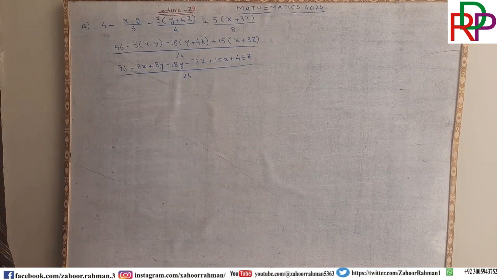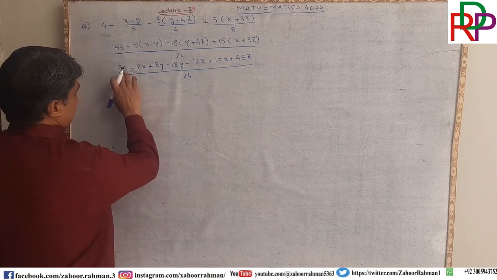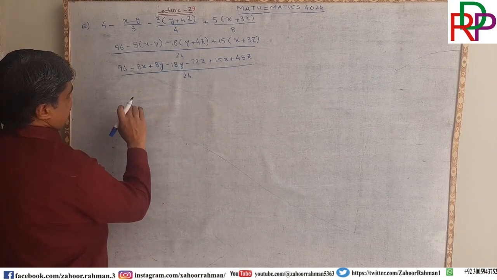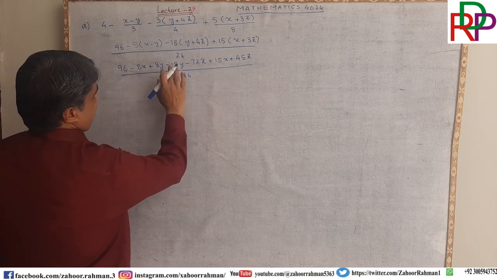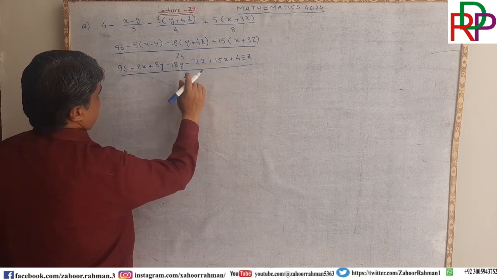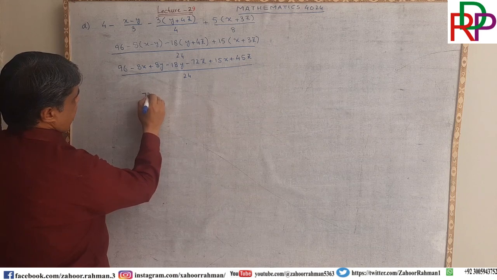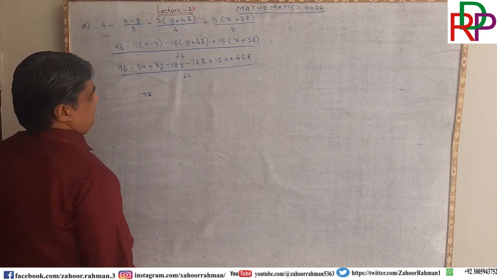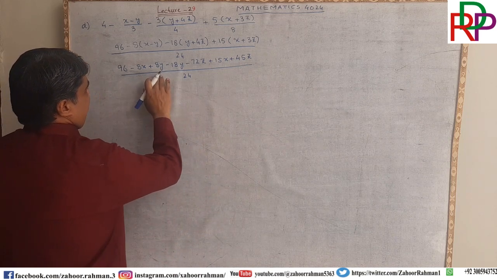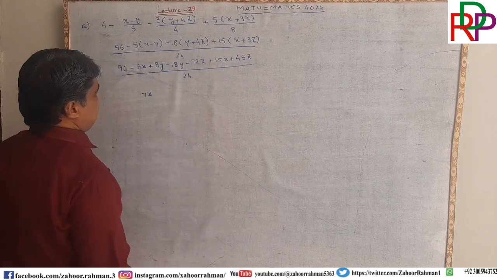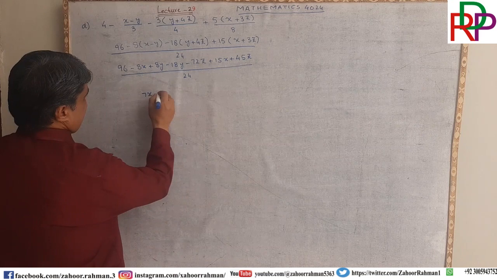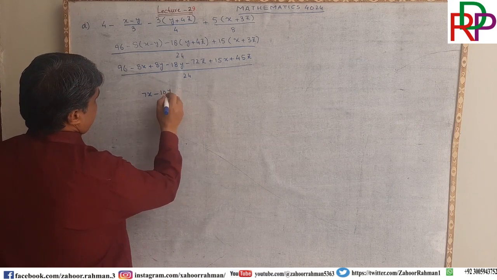Ladies and gentlemen, now we are going to add the x variable first. Minus 8x plus 15x will give you 7x. And then 8y and minus 18y will give you minus 10y.